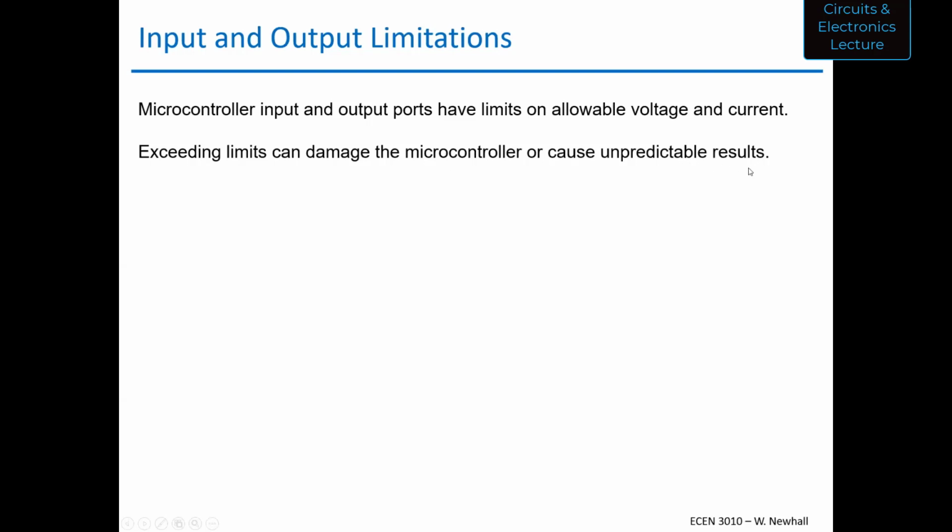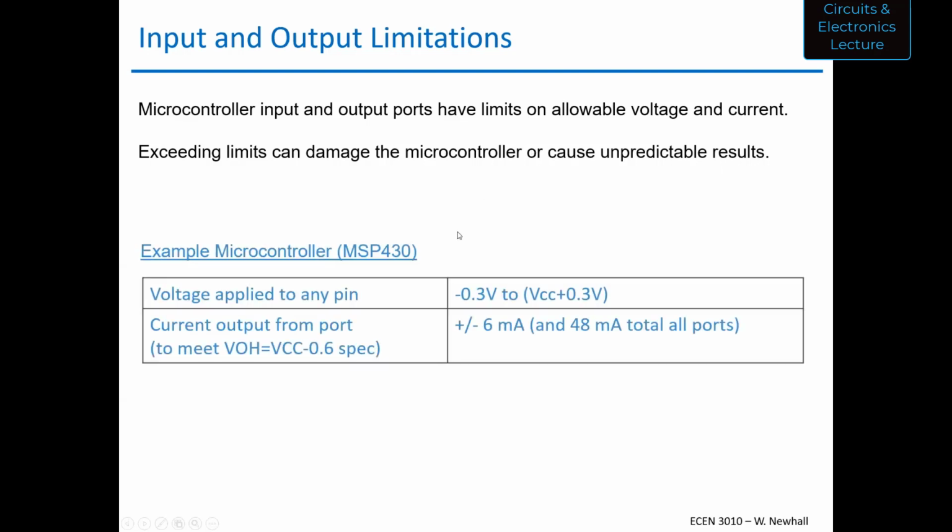So, you know, in some future class, if you're using a microcontroller for a project, be careful of these limits. This one particular microcontroller, you could only have below ground by 0.3 volts or above ground by 0.3 volt, or above VCC by 0.3 volts. If you go outside of its power supply range, you can damage the microcontroller.